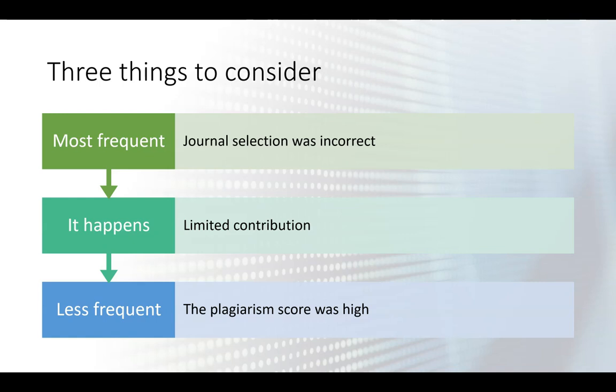We need to spend some time to carefully find out whether the journal that we have chosen for the paper that we just finished writing for, I don't know, 6 months, 1 year, or 2 years, is appropriate for my paper right now.